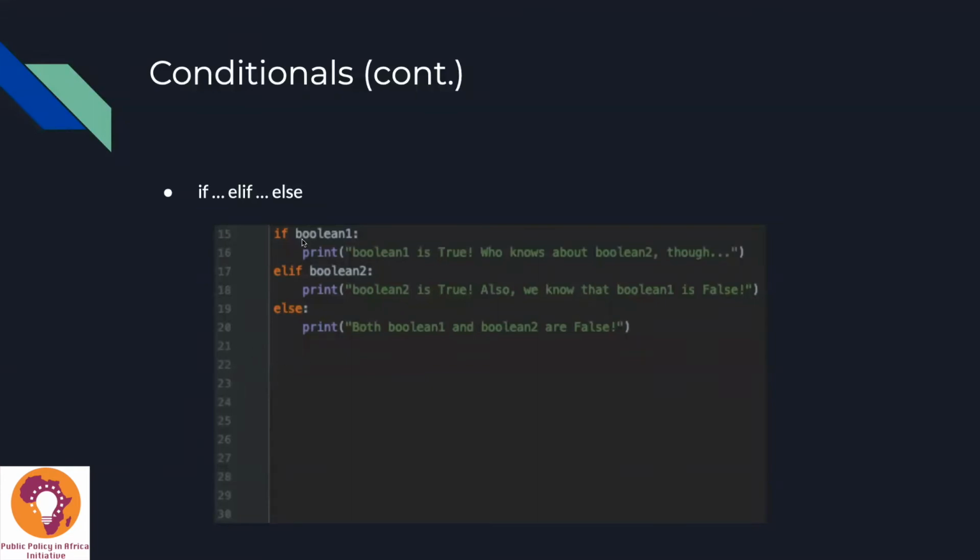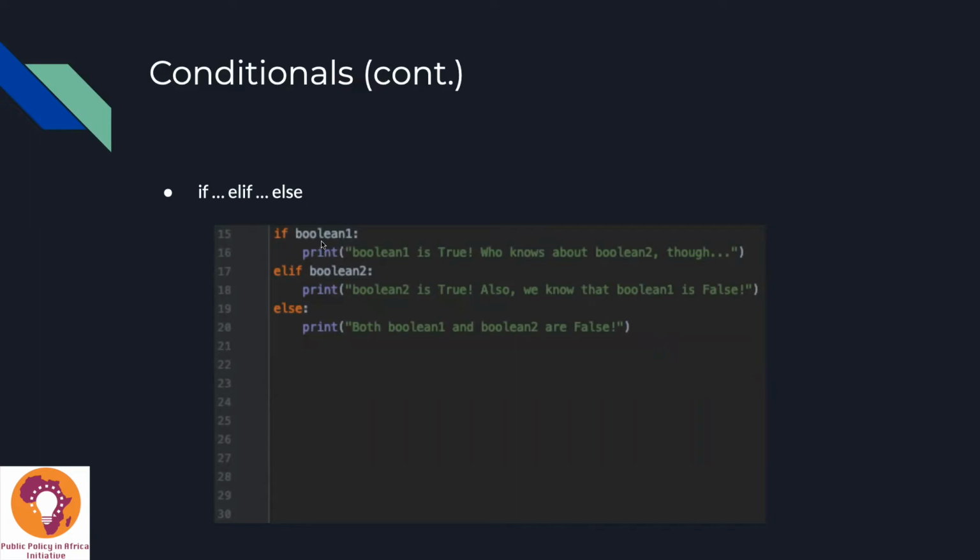The way conditionals work, they go through and evaluate the if, then the elif, then the else. As soon as one of these evaluates to true, it skips the rest of the conditional. In this particular case, say the value stored in Boolean 1 is true.